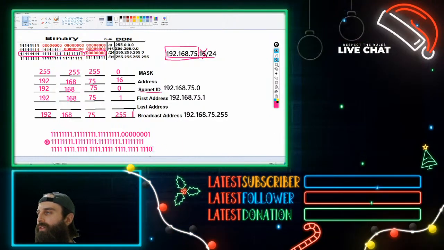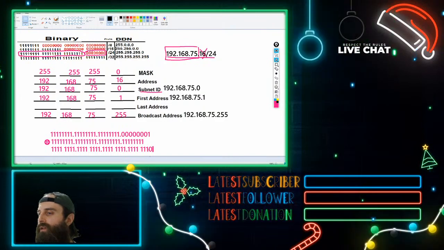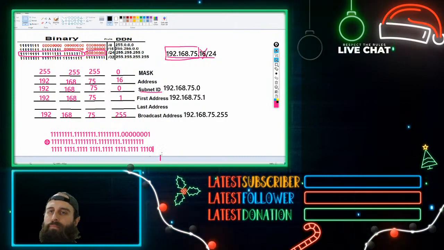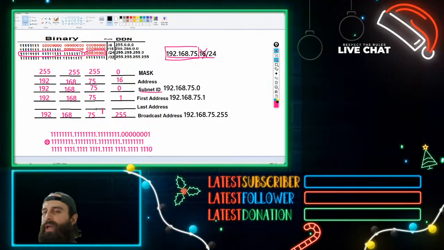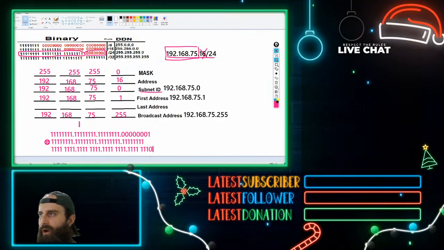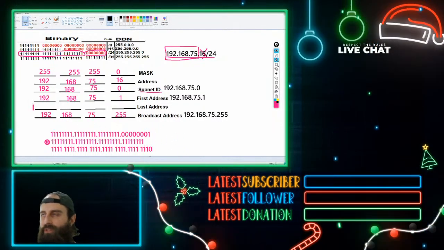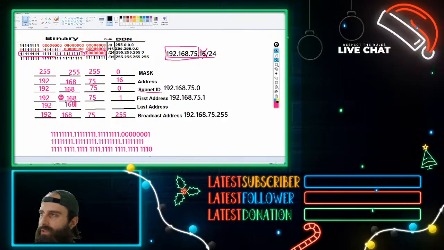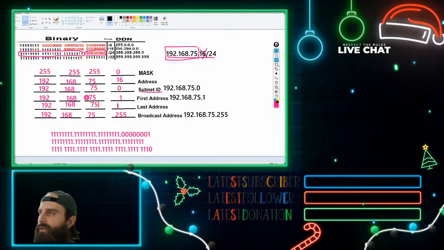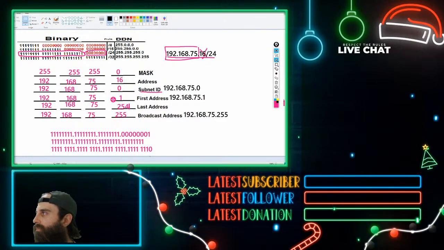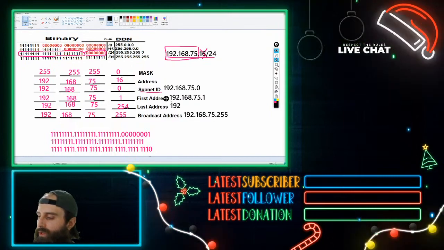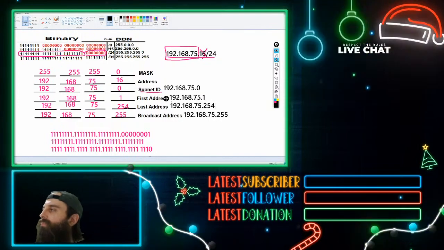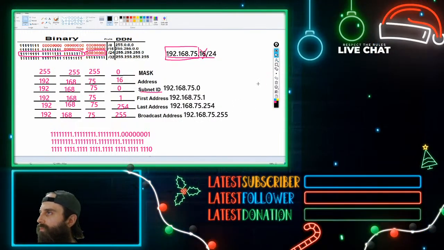All you have to do to find the last address is take the very last binary bit of that broadcast address and turn it back into a 0. So that gets us 192.168.75.254. Very good.